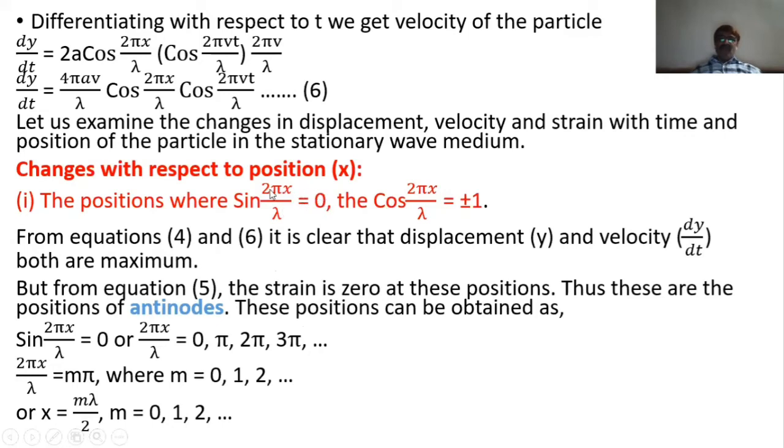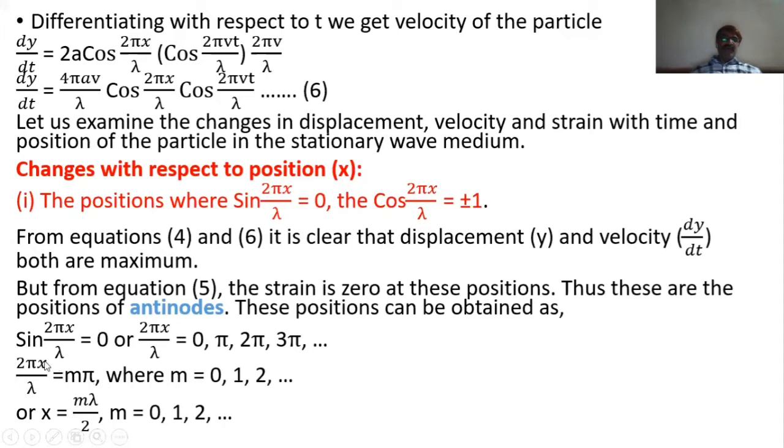Now how will we find the position of the antinodes? Simply from this equation, sine 2 pi x by lambda equal to 0, we can find the value of 2 pi x by lambda. If sine 2 pi x by lambda is 0, it will be integral multiples of pi, that means 0, pi, 2 pi, 3 pi, and so on.